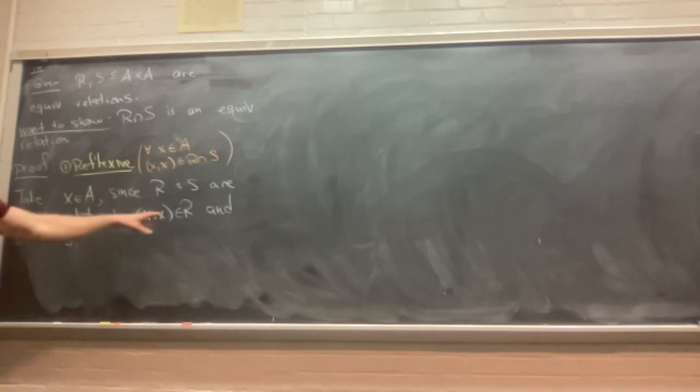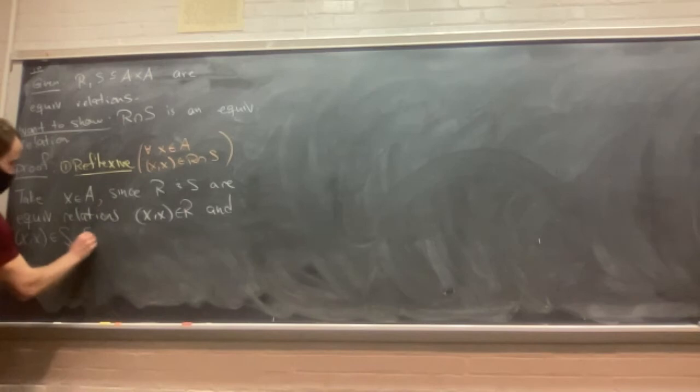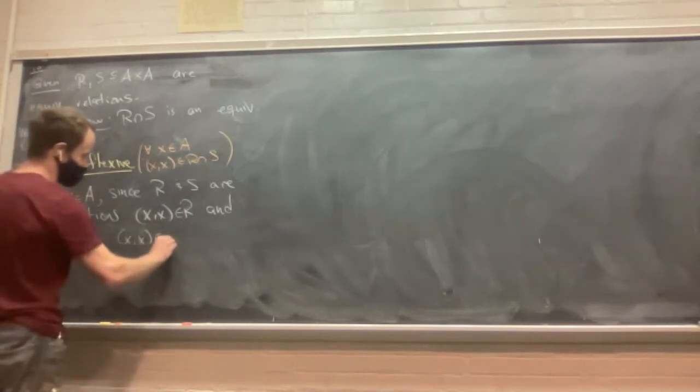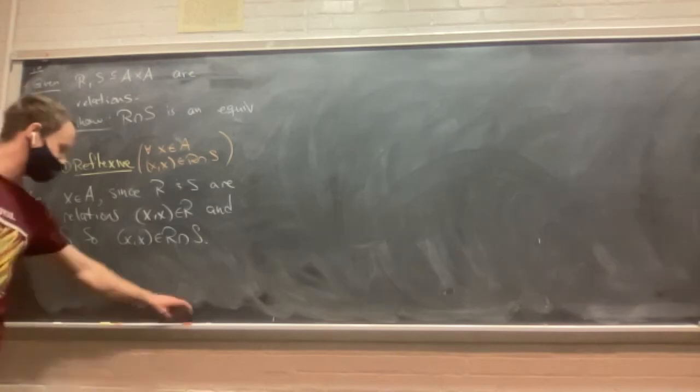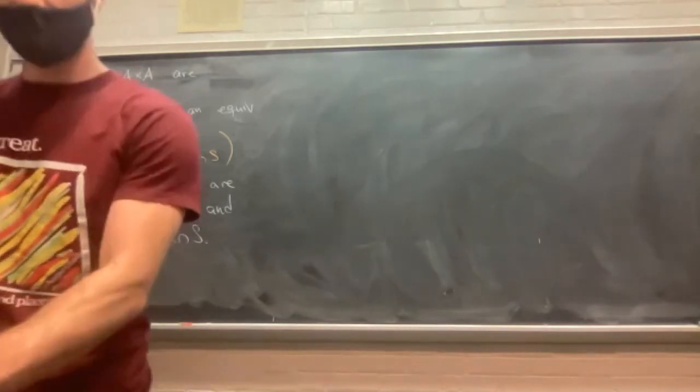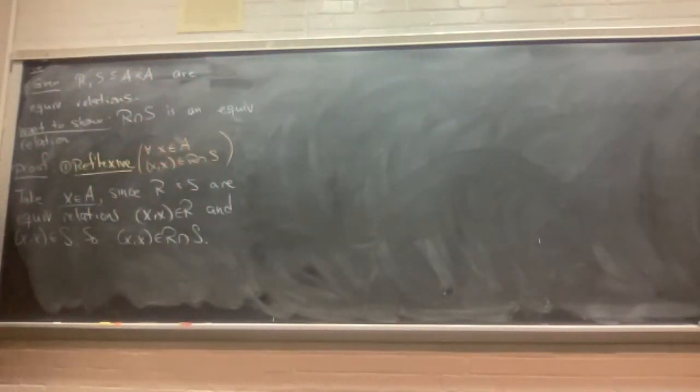But just by the definition of intersection, that means (x, x) is in R intersect S, which is what we wanted. Let's make sure we did the right thing. We started by taking an arbitrary element from our set, and we showed that that arbitrary element was related to itself under this intersection relation. Okay.